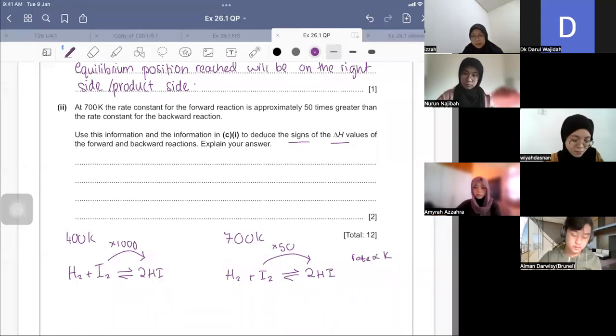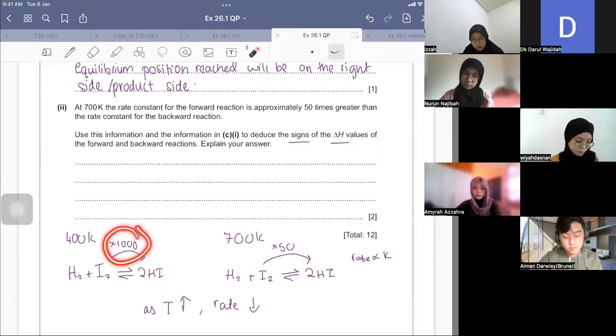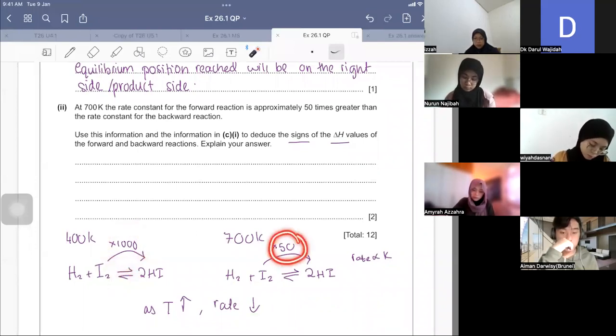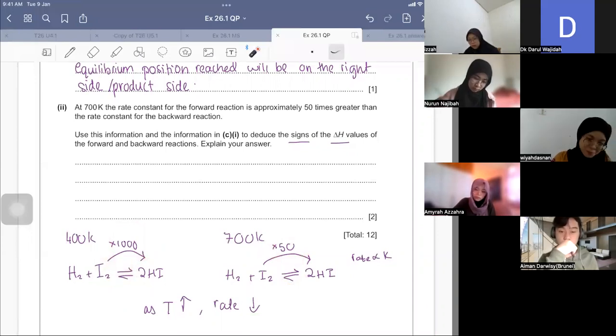So if you notice, as temperature increases, rate decreases. Do you agree? At 400 Kelvin, I know it's the rate constant, but I can also talk about the rate. The rate constant is 1000 times greater than the backward reaction. At 700 Kelvin, the forward rate constant is only 50 times greater than the reverse reaction. So as temperature increases, the rate decreases.